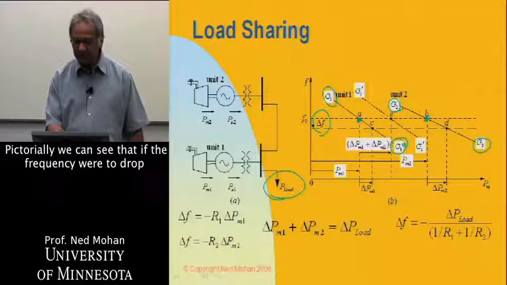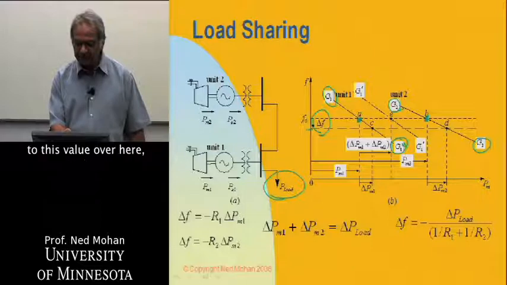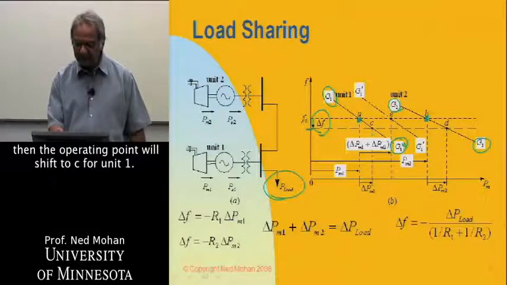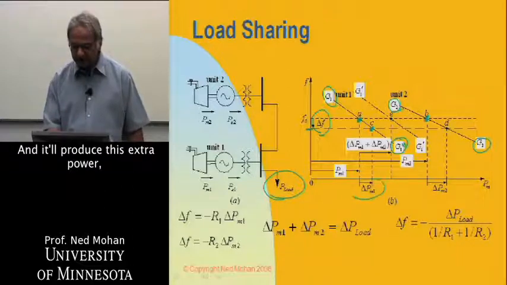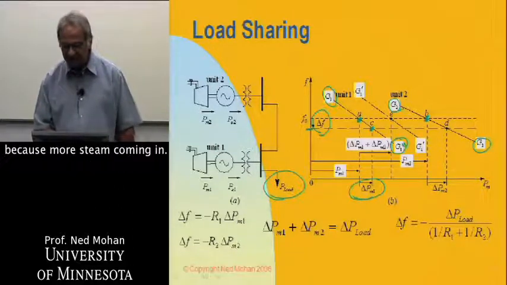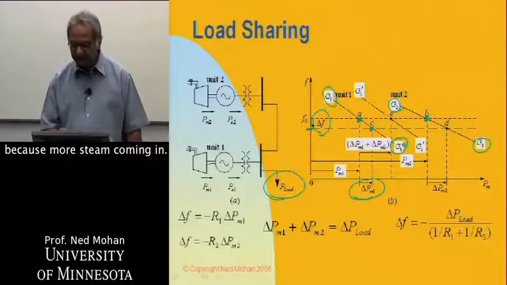Pictorially, we can see that if the frequency were to drop to this value over here, then the operating point would shift to C for unit 1, and it will produce this extra power because more steam is coming in.